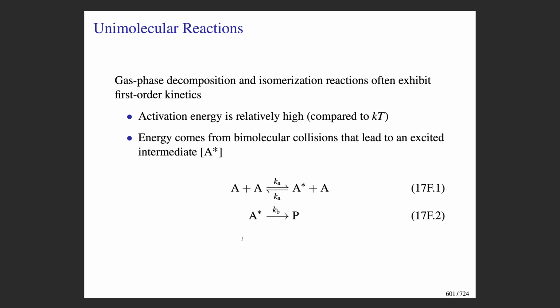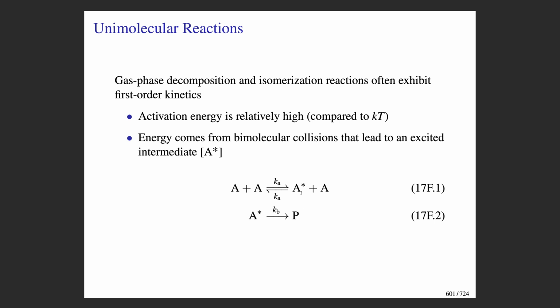And so this Lindemann mechanism, as we will call it, involves two primary chemical equations. The first one is reversible in the sense that you have two gas molecules come together, and the collision excites one of the gas molecules, and the other one just kind of recoils.